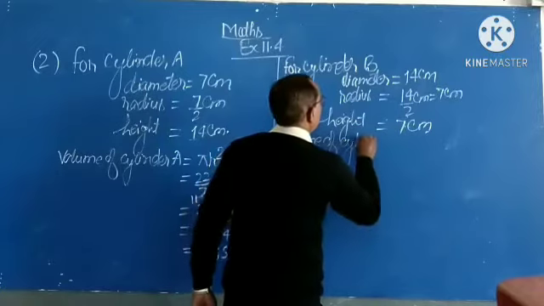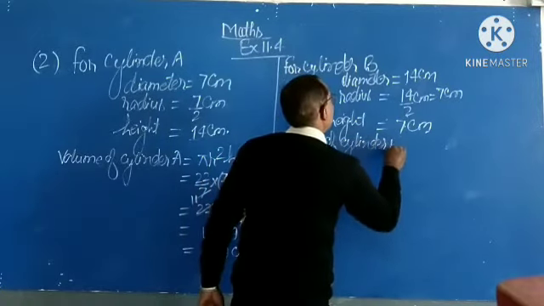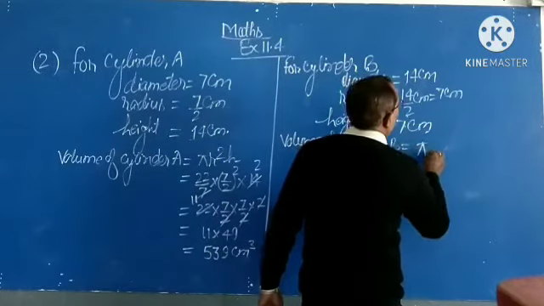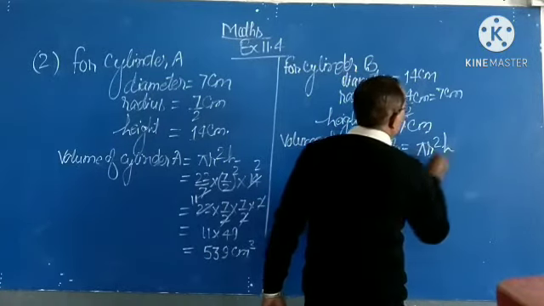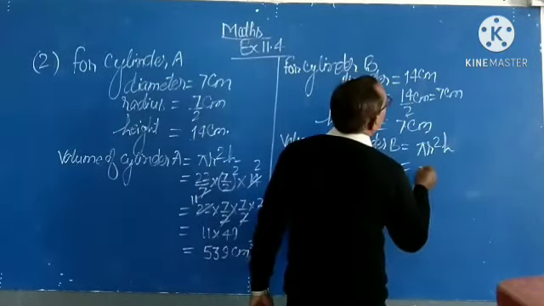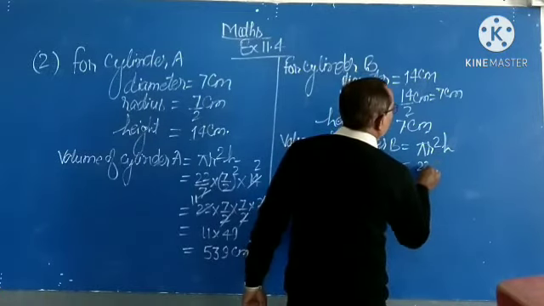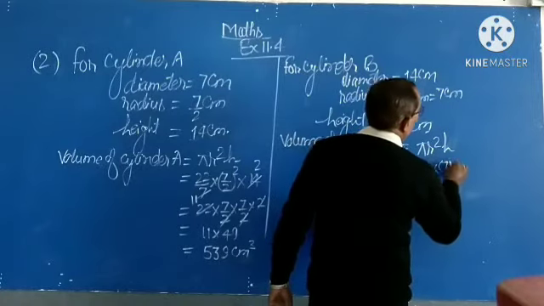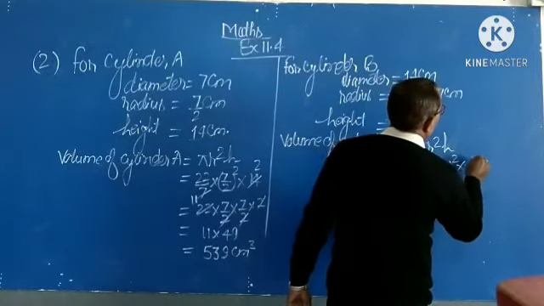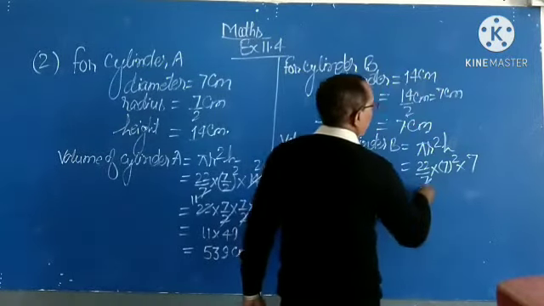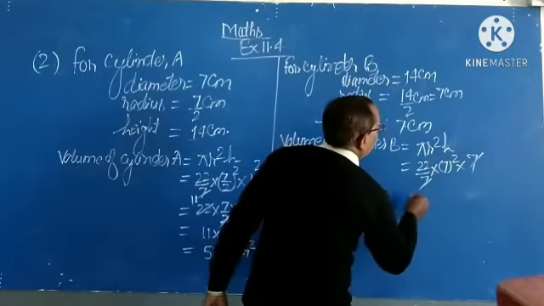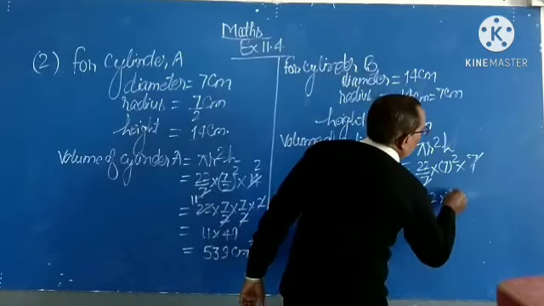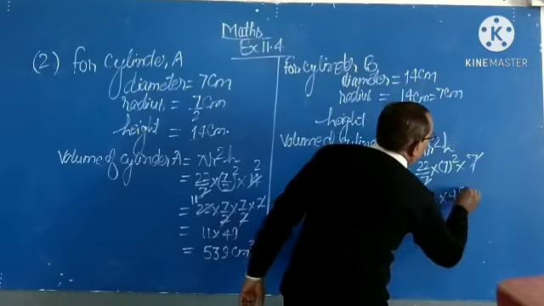Then volume of cylinder B is equal to, using formula pi r square h, that is 22 by 7 into 7 square into 7. 7 is cancelled here, you get 22 into 7, 7 is 49.